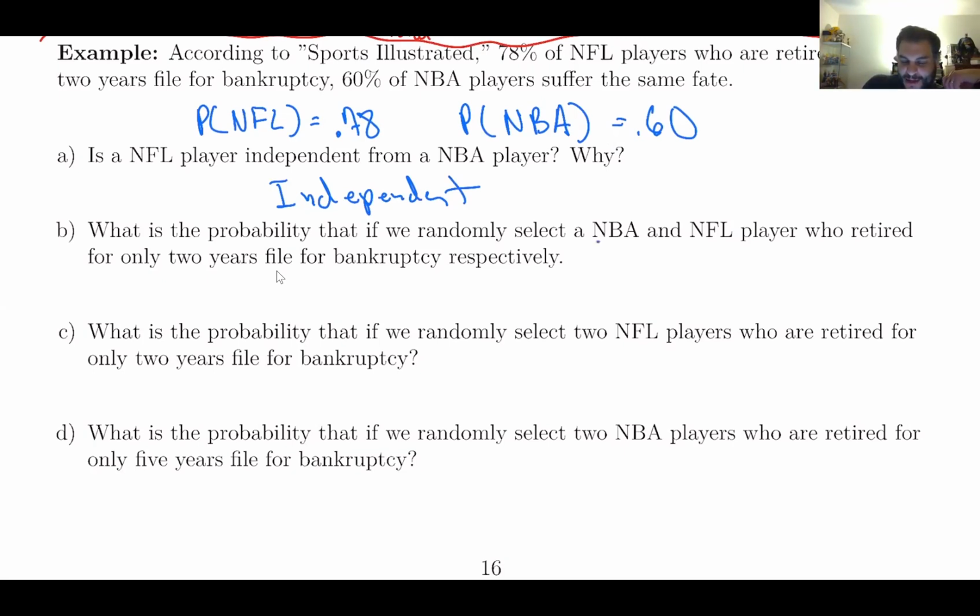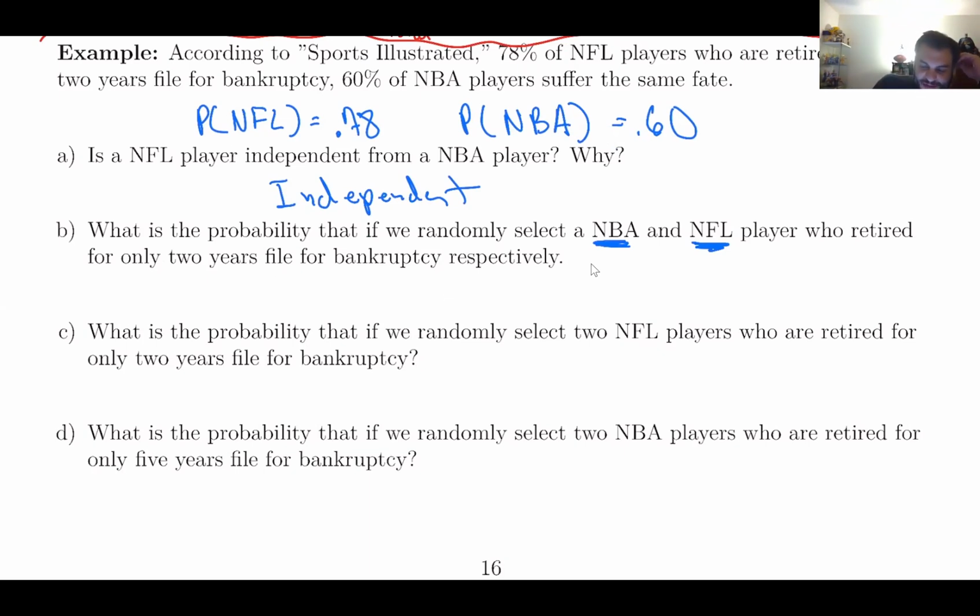One of them happened to be an NBA player, the other one happened to be an NFL player, but we're randomly selecting two people. That's why for this one we want to do the multiplication rule, because instead of randomly selecting one person, we're randomly selecting two people. For this one, we're going to follow the order.